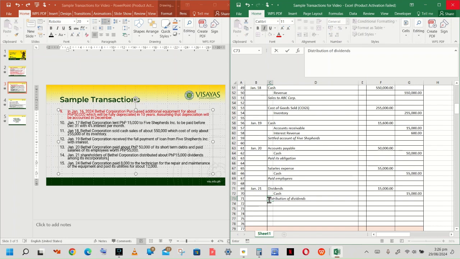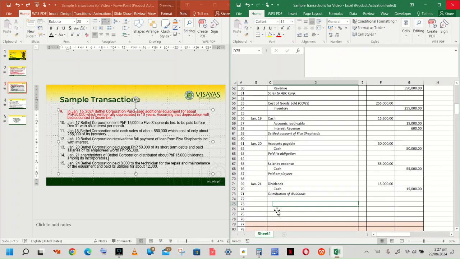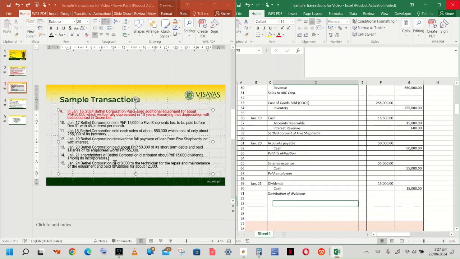But in reality, dividends are usually given to shareholders of corporation sa calendar year na. End na ng calendar or end ng fiscal year. So, end na ng closing na kumbaga ng ating mga accounts. So, hindi sa January. But for the sake of showing it sa ating discussion, let's say may dividends tayo na 15,000 pesos. Nag-withdraw na sila kasi kailangan nila ng pera.